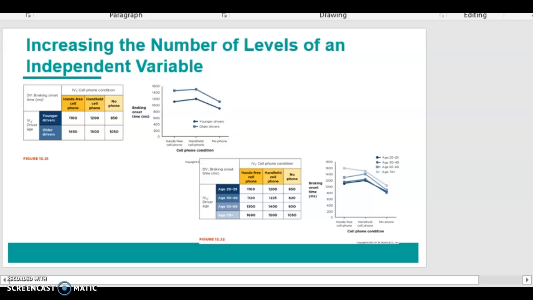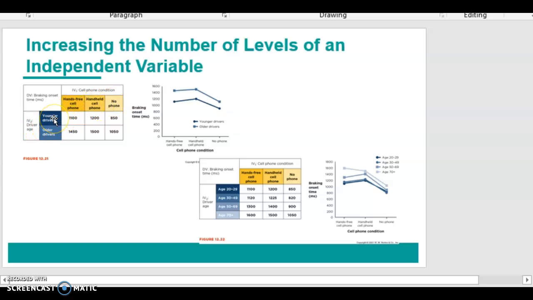They are not adding an independent variable, they are adding a level to their pre-existing variable. The independent variable itself is cell phone condition, and now they have 3 levels, where before they only had 2.